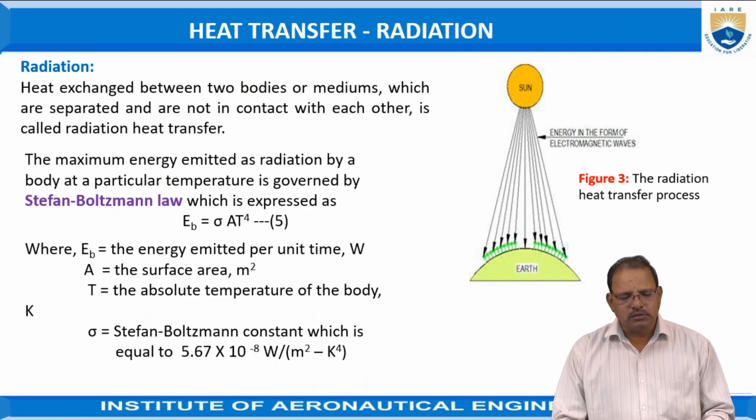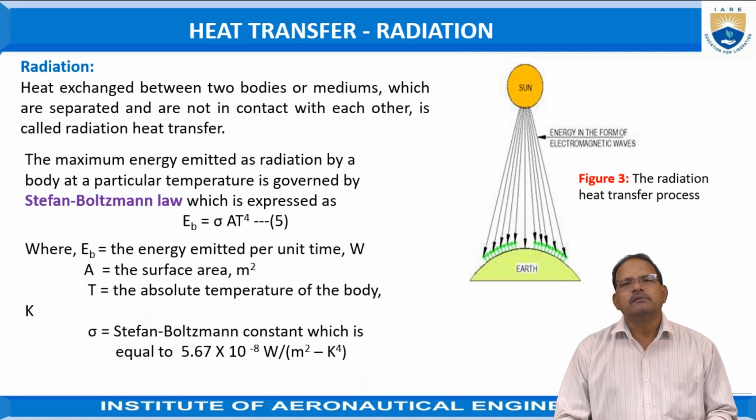Radiation is the process of flow of energy from higher temperature to lower temperature by the radiation process. The amount of heat energy that flows is given by the Stefan-Boltzmann law.